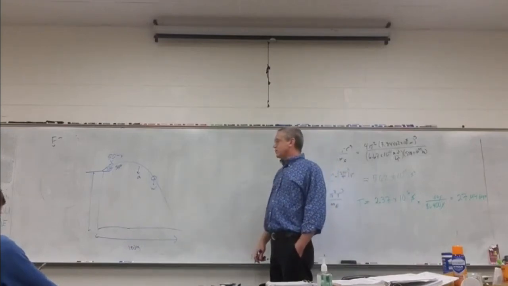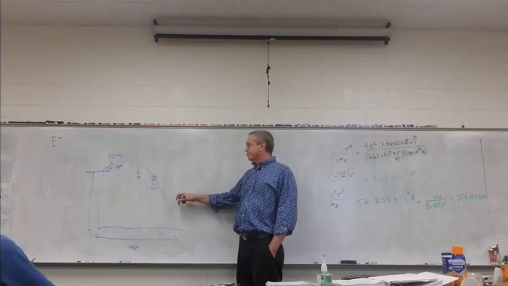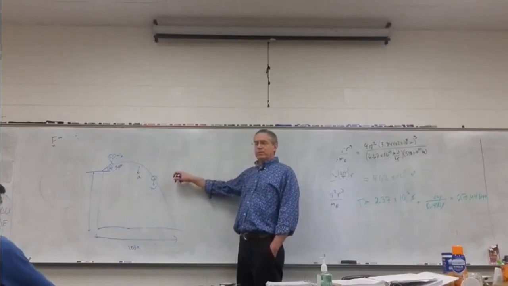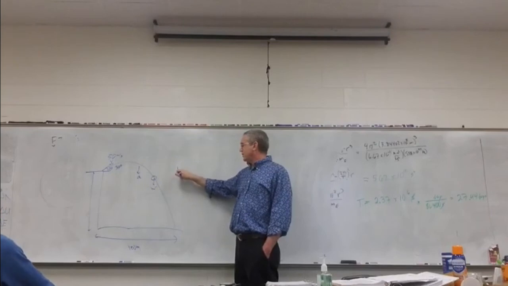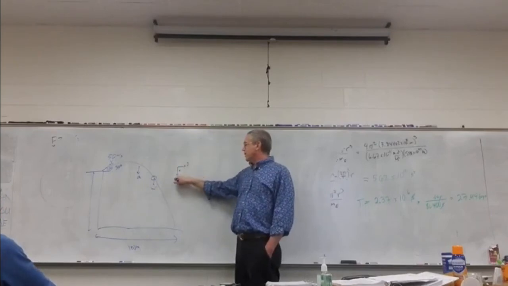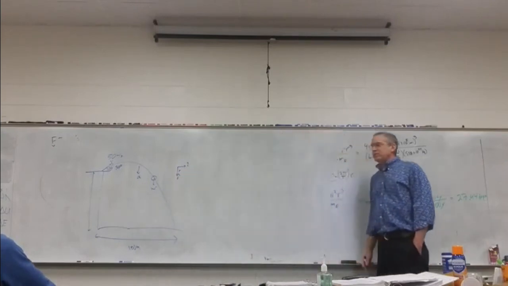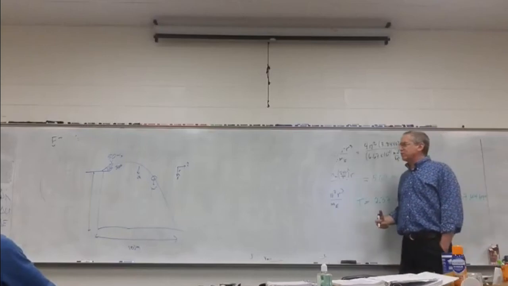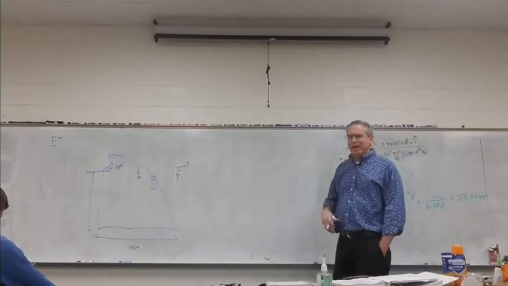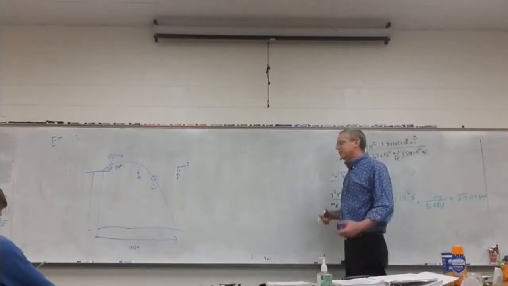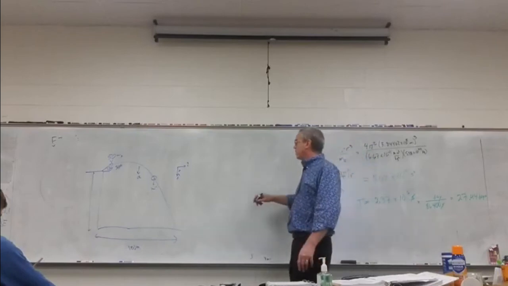So we set up a coordinate system. Up positive or down positive? I heard down first, so we'll make down positive. There is motion in that direction, so we'll make that my i and j. Ordinarily we'd be solving for acceleration using forces, but we don't know the mass of the object, so we really can't do it that way. This now bleeds into a projectile motion problem.